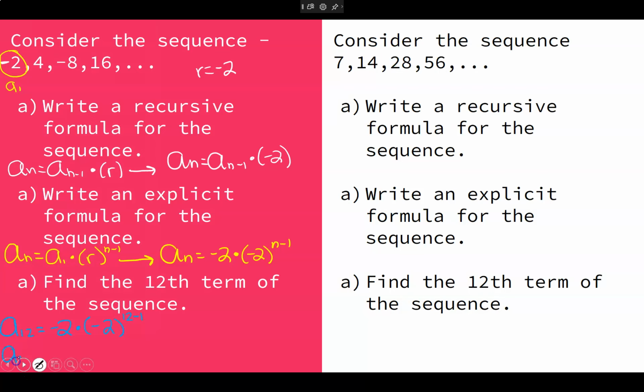All right, what is 12 minus 1? 11. Notice the parentheses. What is -2 raised to the 11th power? It should be an even number. 2048.